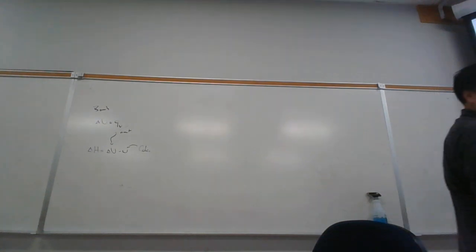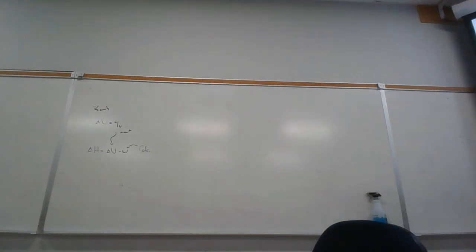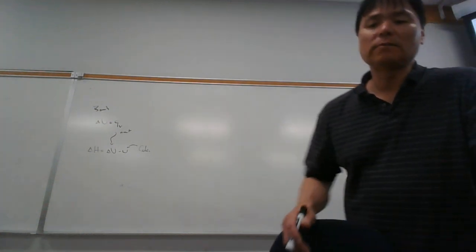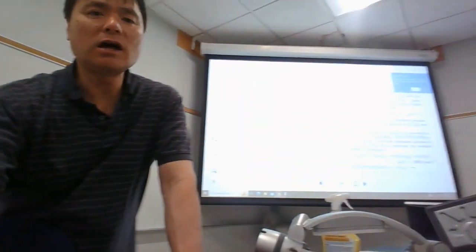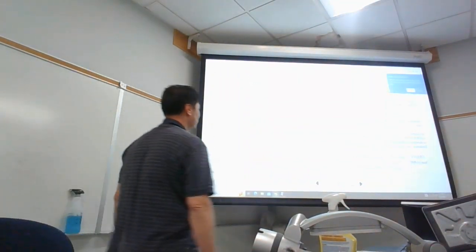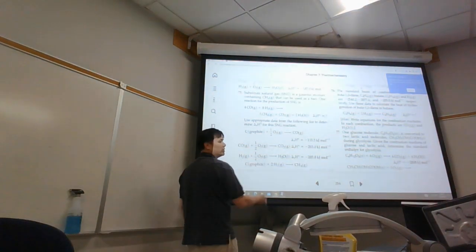But there are other ways of getting delta H. What are the other ways of getting delta H? Well, the example here is by using a law. What's a law? Hess's law. There are 2 variations of Hess's law. One is just with random equations. This is Hess's law with a bunch of random equations.